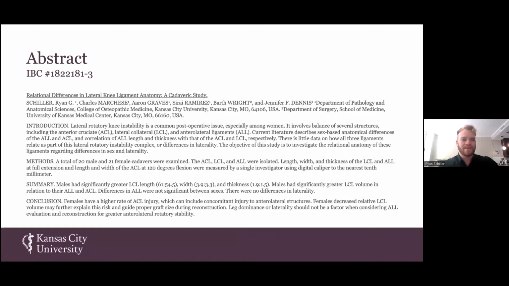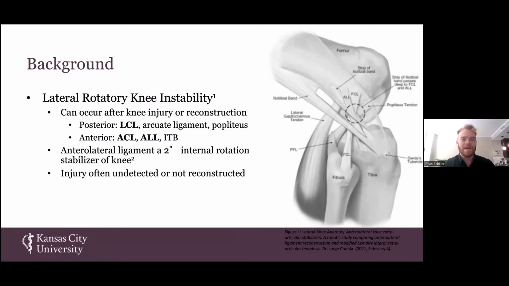So first, a little background and intro to something known as lateral rotatory knee instability. It's basically an instability of the knee where the tibia will rotate either anteriorly or posteriorly on the femur. This can come about after knee injury or after a reconstruction.